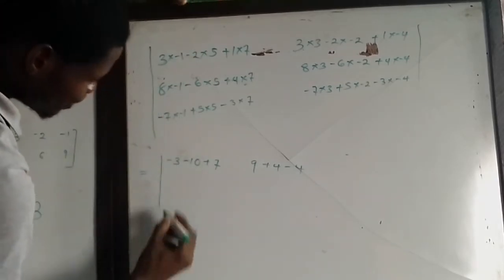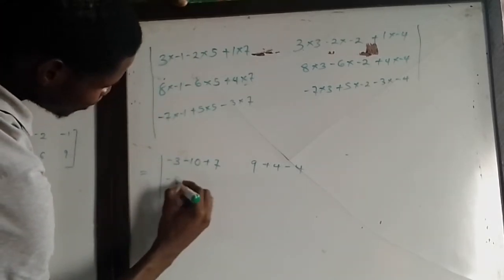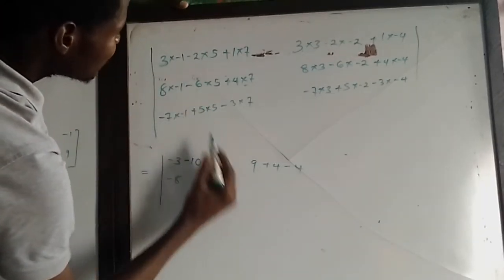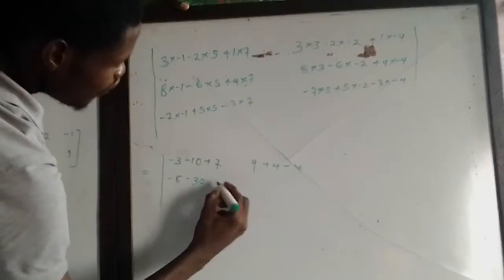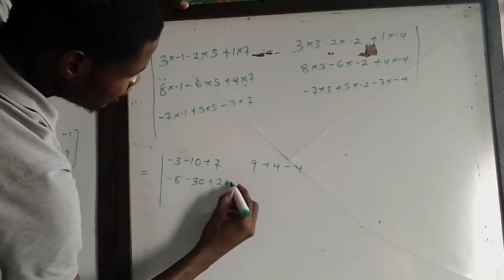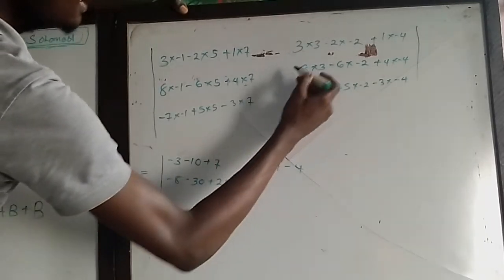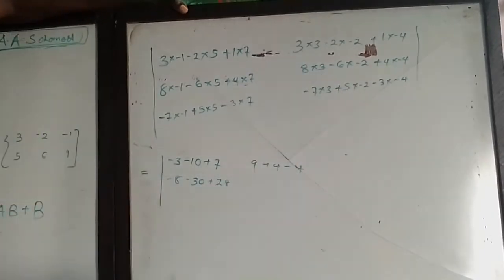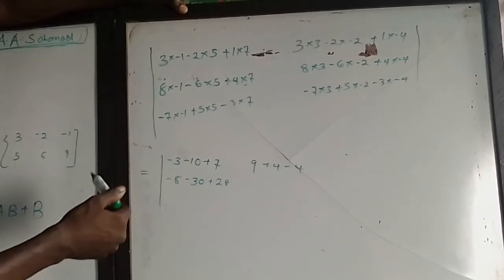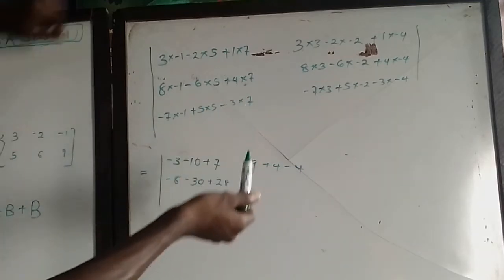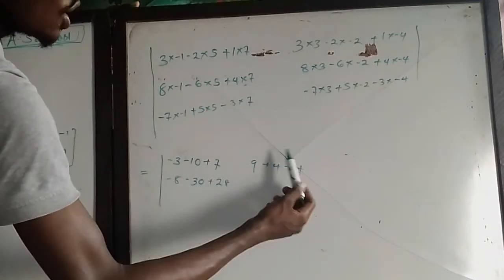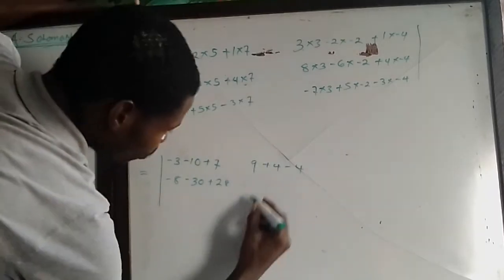Then we move on. 8 times minus 1 is minus 8. Minus 6 times 5 will give us minus 30. 4 times 7 will give us plus 28. Then 8 times 3 will give us 24.